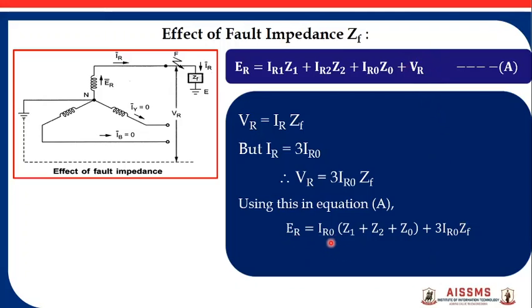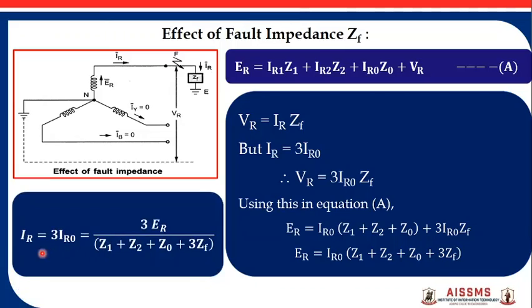So ER will be IR0 into (Z1 plus Z2 plus Z0) plus 3 IR0 into ZF. So ER will be IR0 into (Z1 plus Z2 plus Z0 plus 3 ZF). So IR will be 3 IR0, and IR0 is ER divided by Z1 plus Z2 plus Z0 plus 3 ZF.